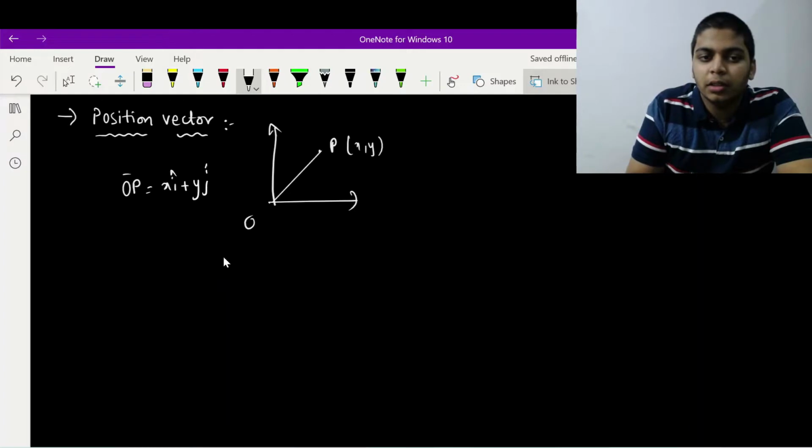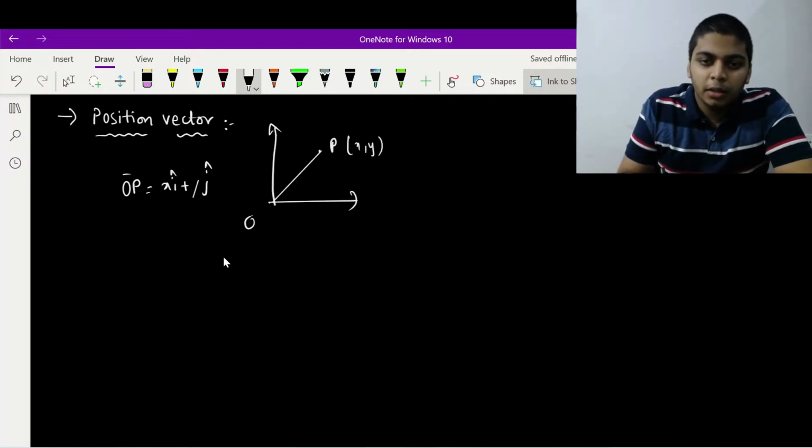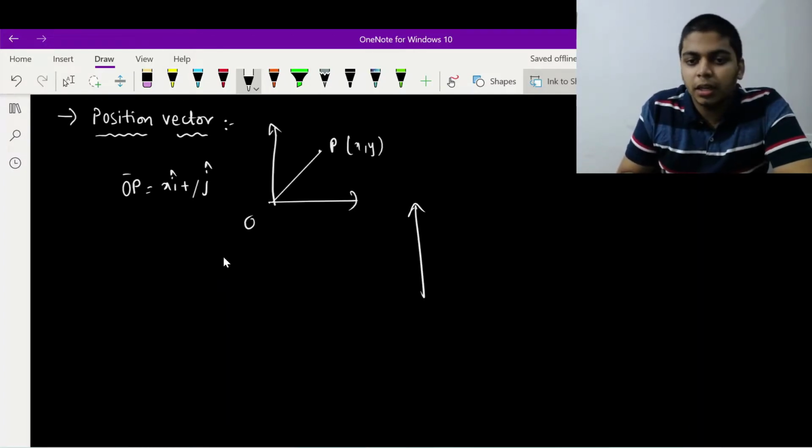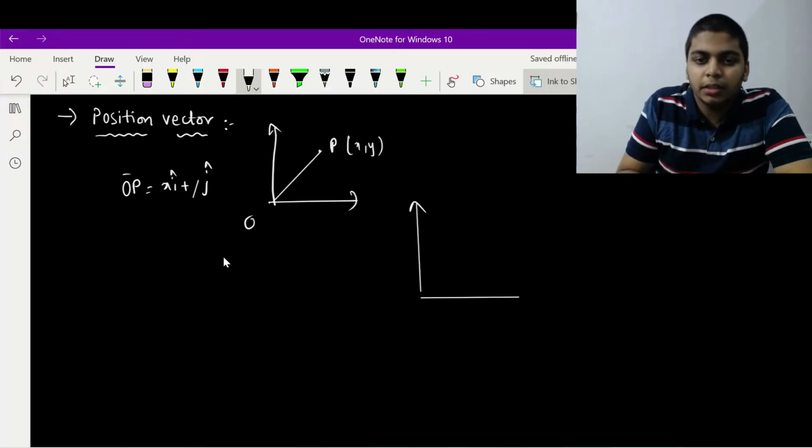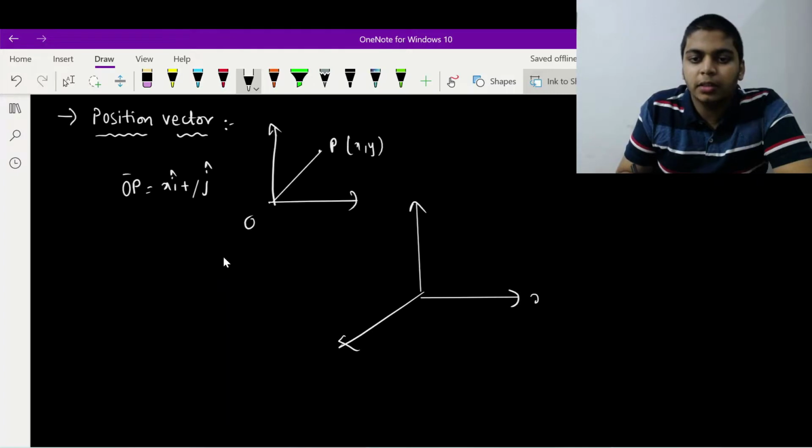So this is in simple terms for a 2D system, and when you come across a 3D system, let us say this is your x-axis, y-axis and z-axis.